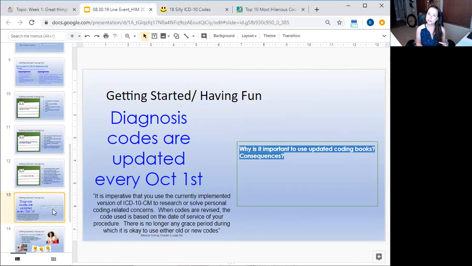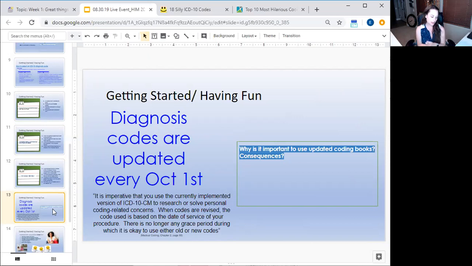So why is it important to use updated coding books? What might be the consequences to not? Well, accurate coding. That is a huge component. It's our responsibility as HIM professionals and coders to make sure that we have that updated material, that we are not putting ourselves in jeopardy of putting out inaccurate claims.